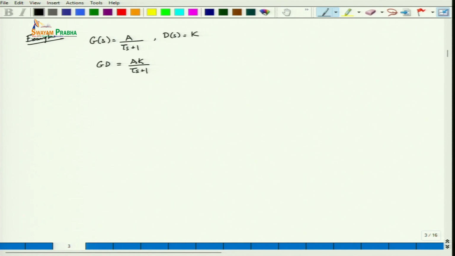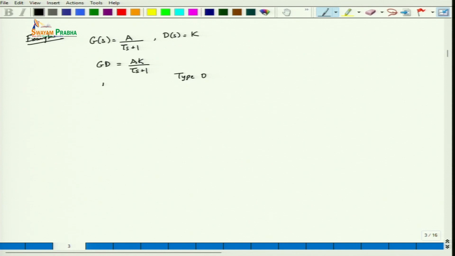In this scenario, for the closed loop system, this will represent a type 0 system. That is because if we look at the open loop transfer function GD, there is basically no pole at the origin.